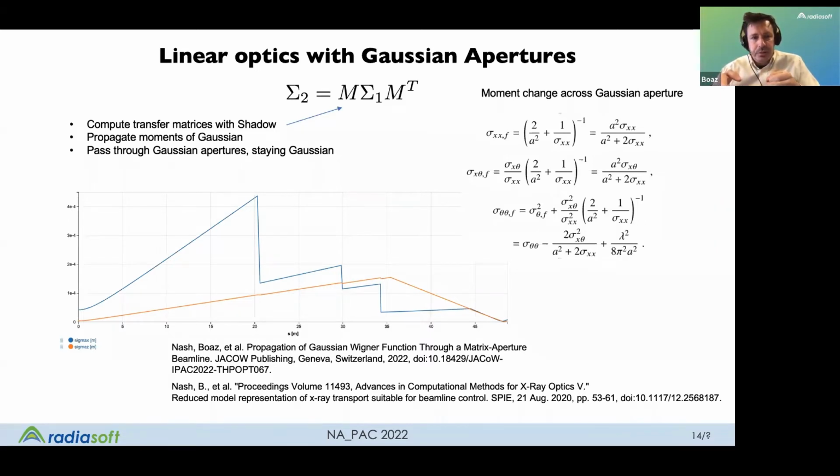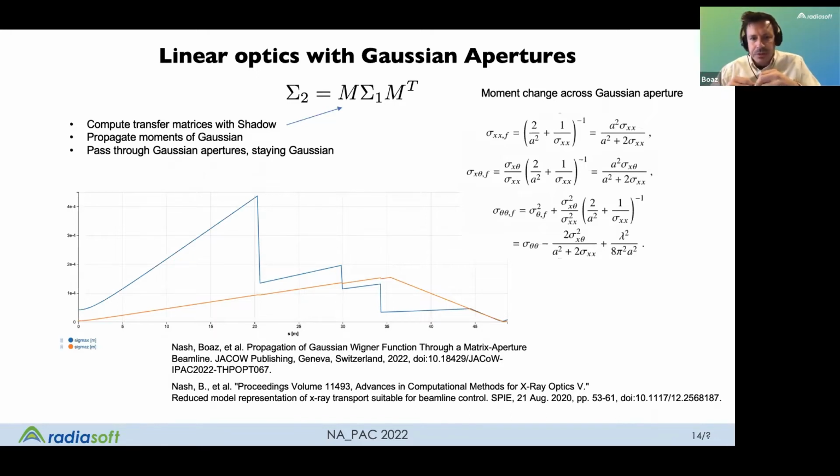And we've also added the effect of a Gaussian aperture. So a hard edge aperture can be approximated by a Gaussian aperture, and we've been working to find the ideal size of that Gaussian aperture that best fits it. So within this model, you can propagate the Gaussian all the way down the beamline, and that includes the apertures as well.